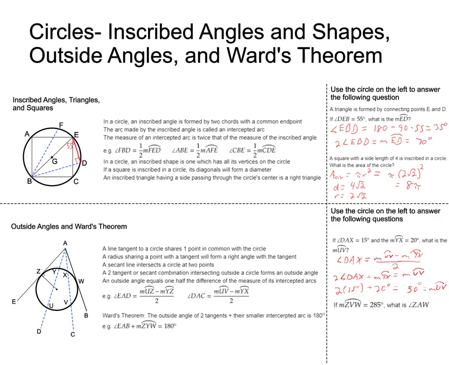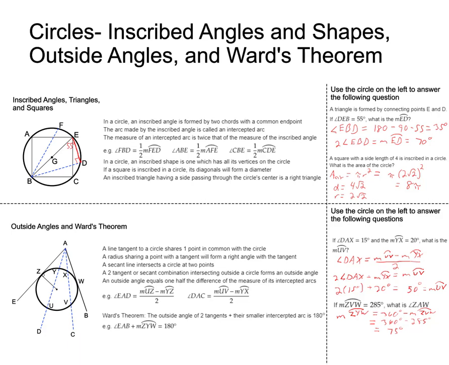So that gives us the measure of arc ZYW is equal to 360 degrees minus the measure of arc ZVW, which is equal to 360 degrees minus 285 degrees, which is equal to 75 degrees.